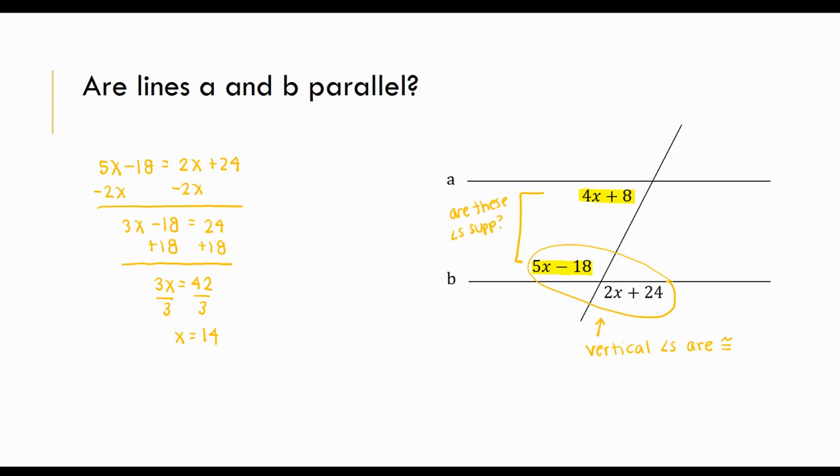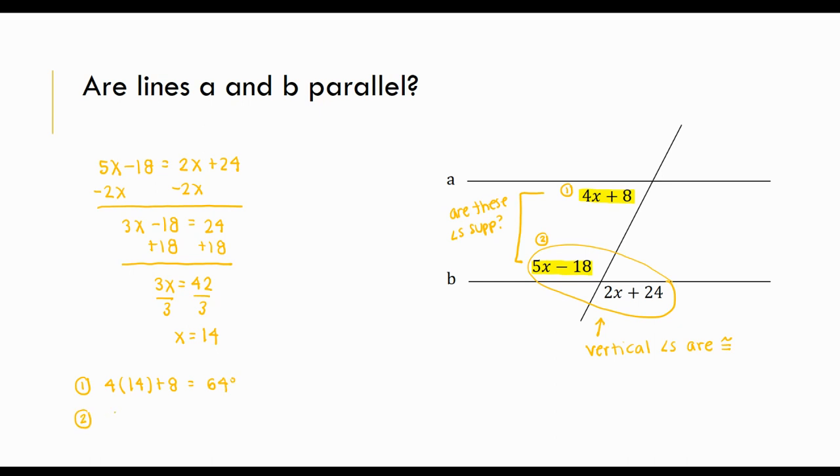In order for us to figure that out, we're going to have to substitute 14 in for those x's. So our first angle, I'm going to call that angle 1, and then I'll call this angle 2. So the measure of angle 1, we're going to take 4 times 14, and then we'll add 8. So 4 times 14 is going to give us 56. When I add 8, that gives us a 64-degree angle.